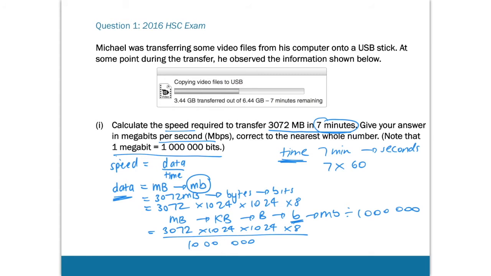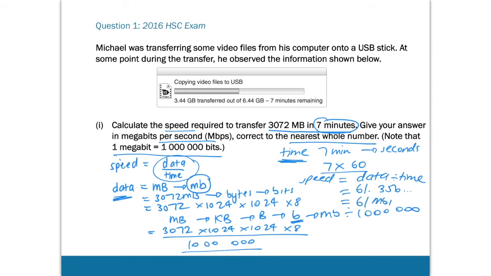So therefore, our speed is our data divided by our time, if we're looking at our original equation. So all you do is put these two values together, substitute them into the formula, and you should get 61.356, and it says to the nearest whole number, so 61 megabits per second. And that's it.